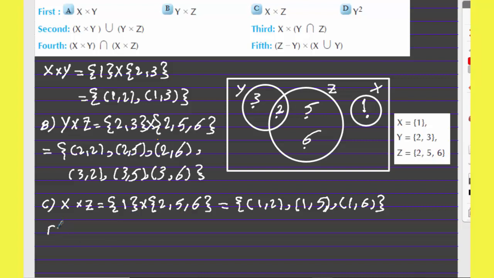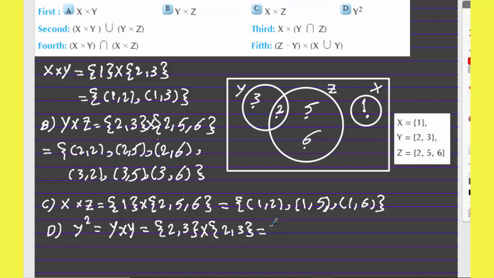Letter d, the requirement is to find y squared. y squared equals the Cartesian product y cross y. So we write the elements of y, 2 and 3, multiply the elements of y itself again, 2 and 3.